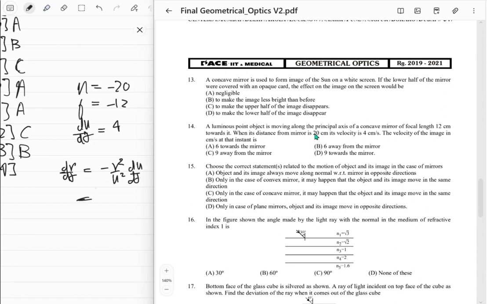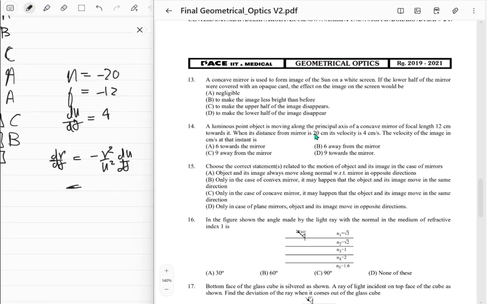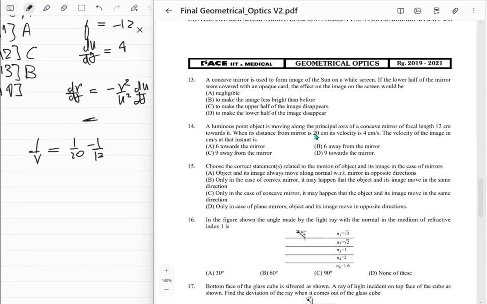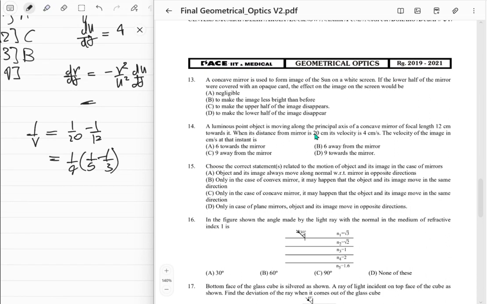We don't know what v is, right? So 1 upon v is equal to negative 1 upon u, which is 1 upon 20, plus 1 upon f, which is minus 1 upon 12. It's going to be 1 upon 20 minus 1 upon 12, so 3 minus 5 is negative 2 upon 60, which is negative 1 upon 30.